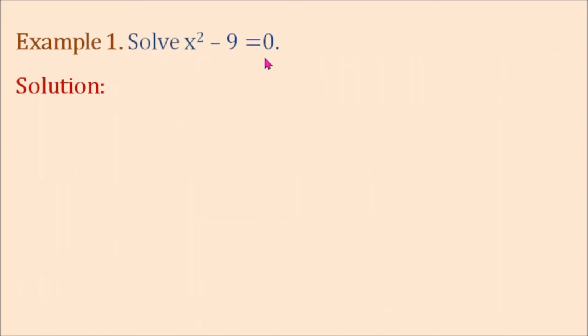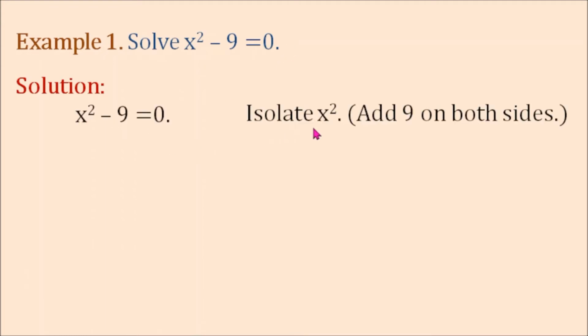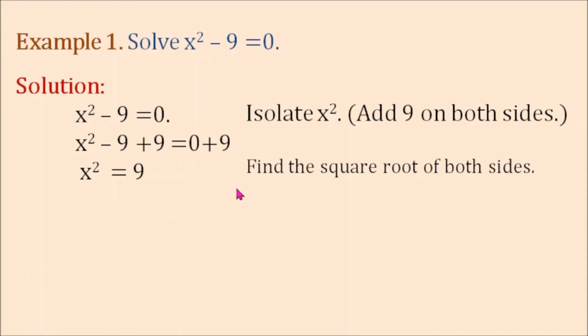Example number 1. Solve x squared minus 9 equals 0. So we are going to isolate x squared by adding 9 on both sides of the equation, so it becomes x squared equals 9. Now from here we are going to get rid of the squared by finding the square root of both sides.